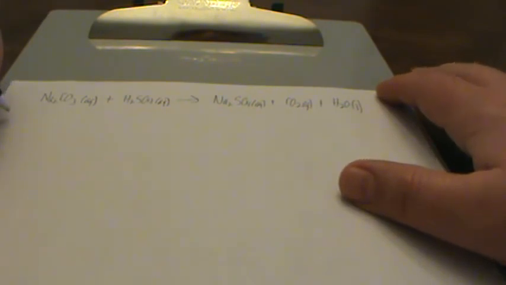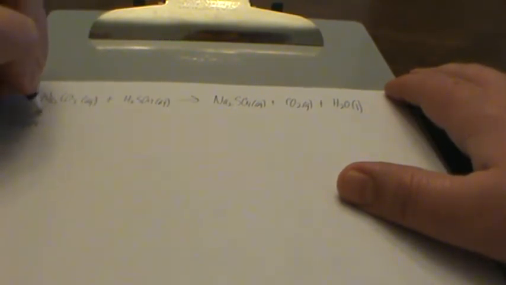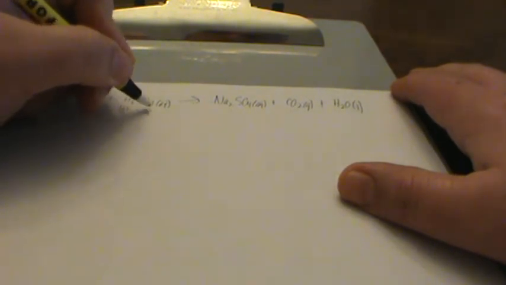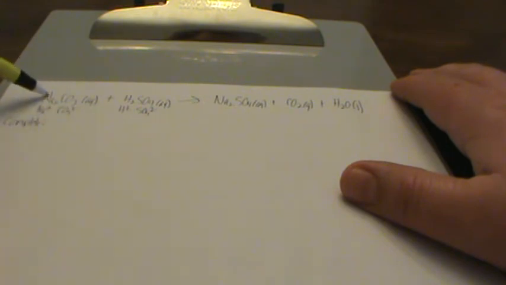Now we're going to write out our complete ionic equation. So let's figure out what our ions are going to be. Well, sodium, since it's in group 1, has a +1 charge. Carbonate has a -2. Hydrogen has a +1. And sulfate has a -2. So sodium carbonate is aqueous, so we have to break it apart.